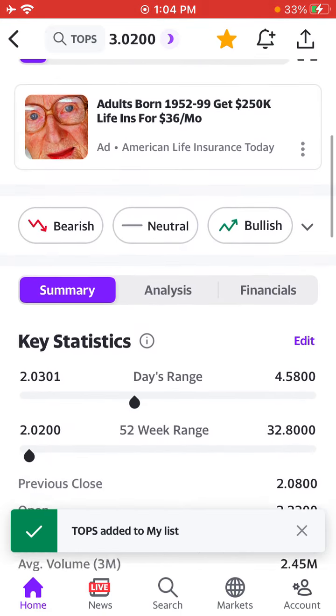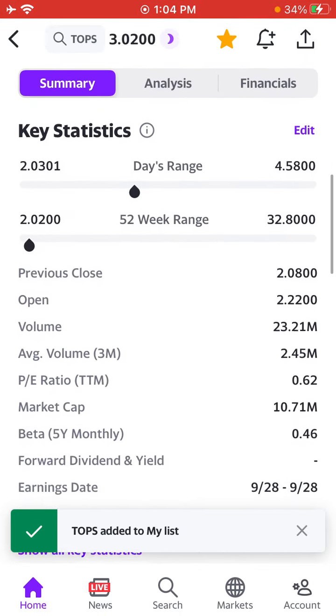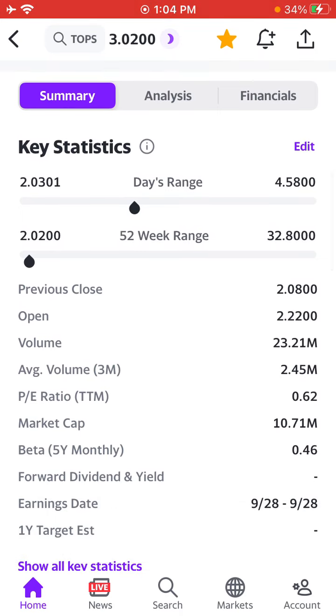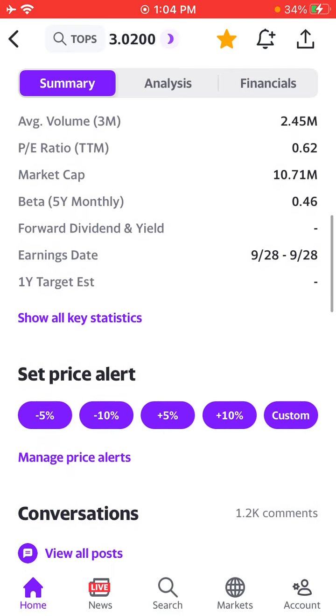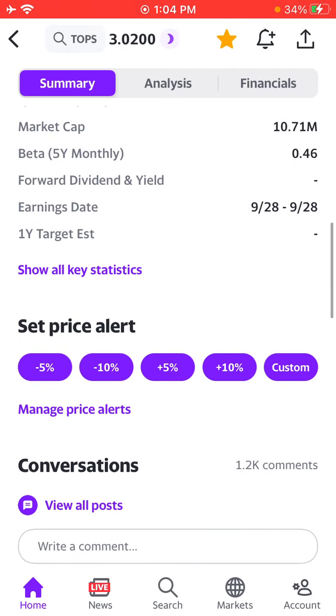Okay, so on Yahoo Finance, if you scroll down, you could see under key statistics, the market cap is the same value as it was on thinkorswim, and it's showing the closing price is 3.02.